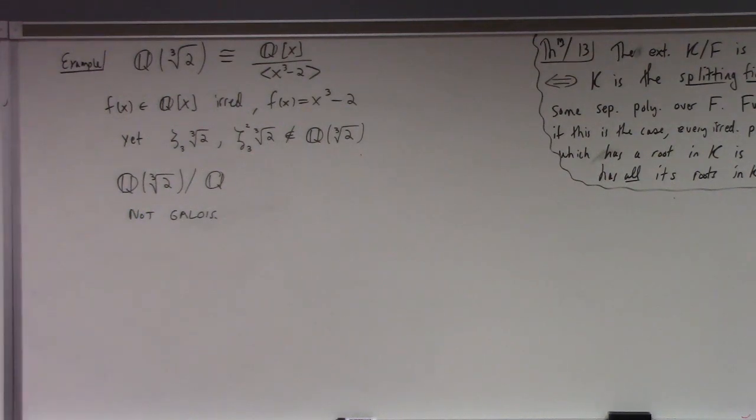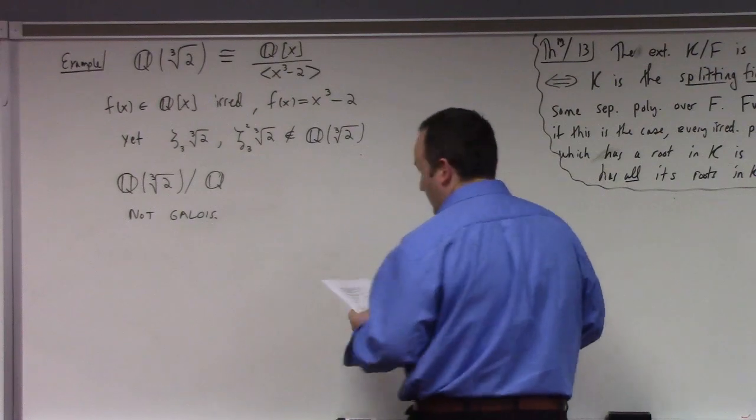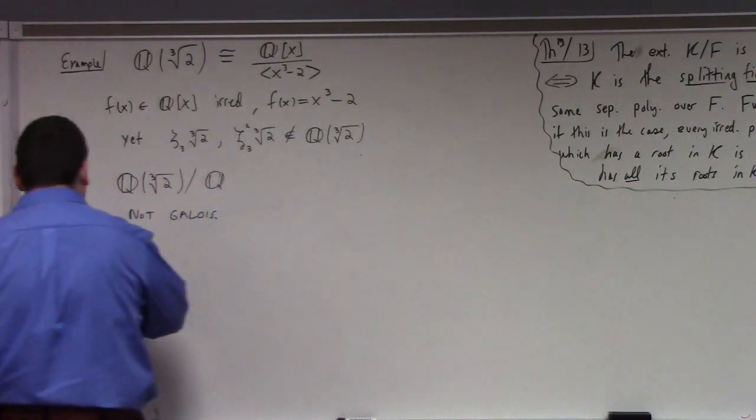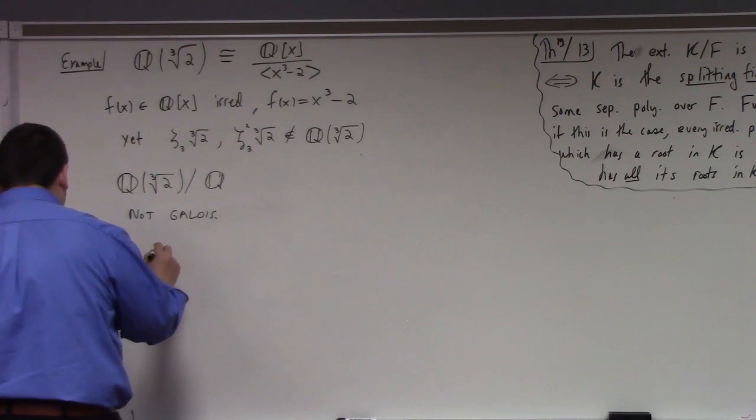There is more. So at the top of page 574, he gives a list of 4 characterizations of what it means for an extension to be Galois. So what are the 4 characterizations of Galois K over F?